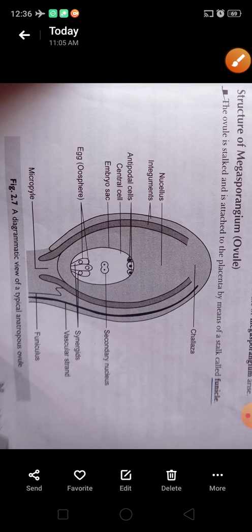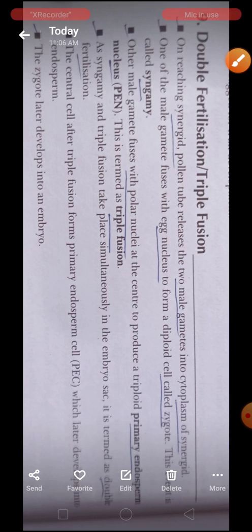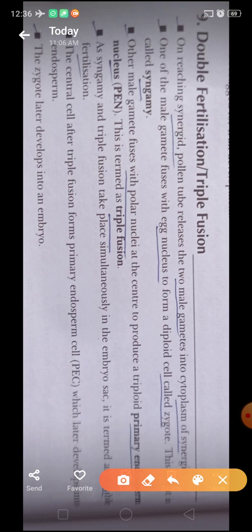Okay children, now see more about double fertilization here. As I told you, on reaching the synergids the pollen tube releases the two male gametes.